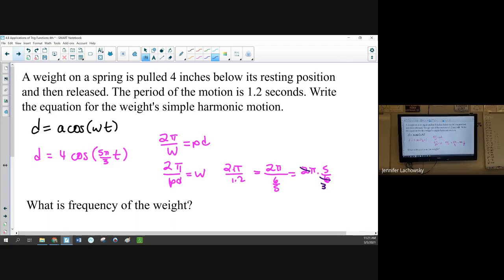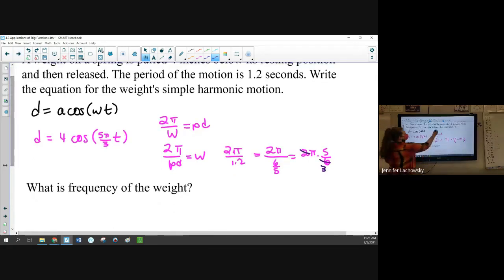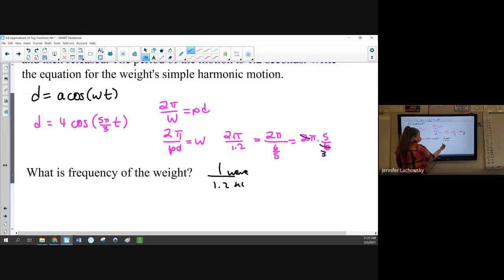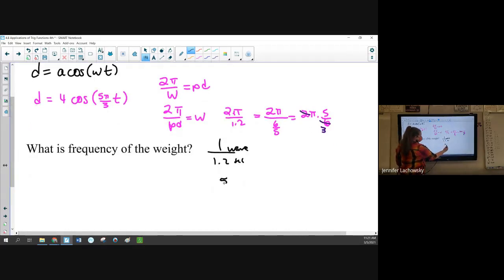So we have one wave every 1.2 seconds. So that ends up being what? 5/6, because that's 6/5. 5/6 of a wave per second is the frequency.